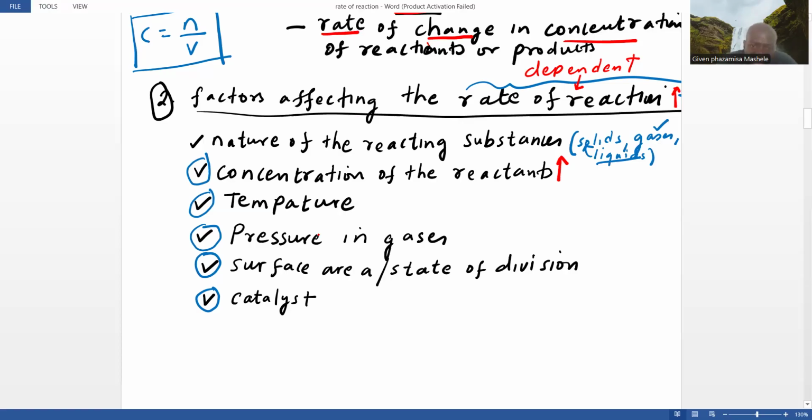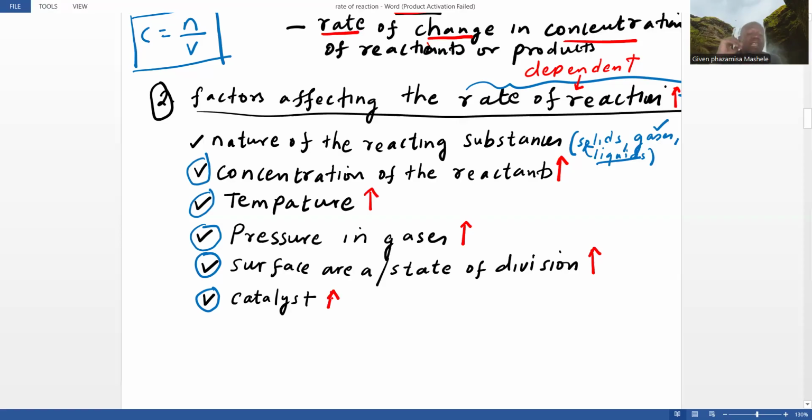If we increase the temperature, the rate of reaction will also increase. If we increase the pressure in gases, the rate of reaction will increase. If we increase the surface area, the rate of reaction will increase. And if we add a catalyst, then the rate of reaction will also increase.